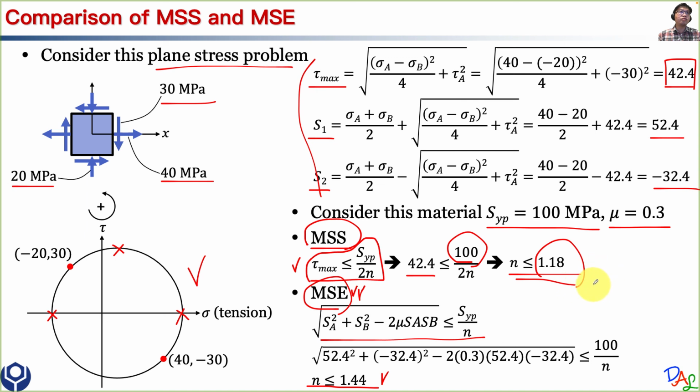So in that case, maybe we will make our design stronger, using stronger materials, thicker, bigger, but heavier. So it really depends on which model you would like to use. In our lecture, this is the most conservative one, maximum shear stress, and this is the most aggressive one, maximum strain energy model.